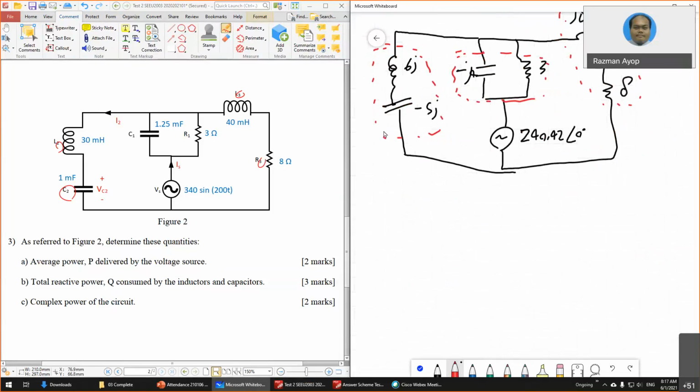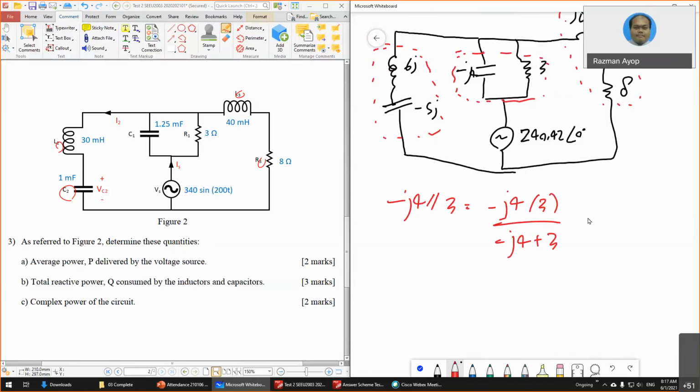Negative J4 is in parallel with 3. So negative J4 times 3, divided by 3 plus negative J4.